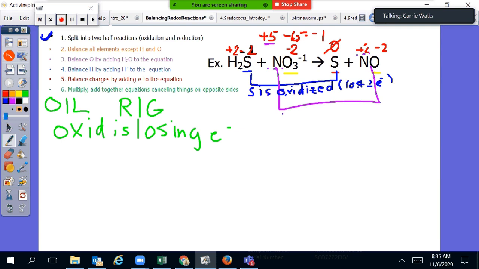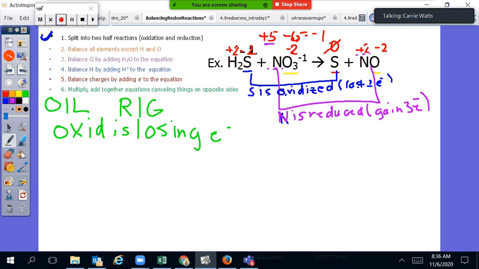So I can safely say that nitrogen, let me put it in purple, is reduced. It is gaining 3 electrons. I do that so I don't make a silly mistake, and have to think about it again and count how many it's gaining, just so I'm not making the wrong choice.